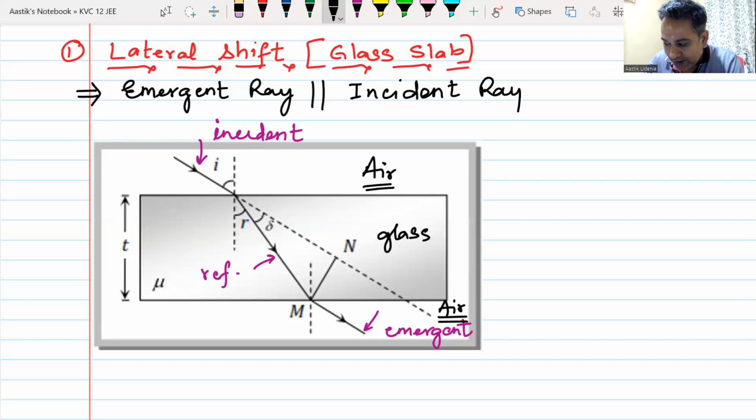Now this will only happen in two cases. Two conditions must be fulfilled. The glass slab must be parallel, it should not be curved or in any other shape. And the medium on one side and the medium on the other side should be same. Do we understand this?